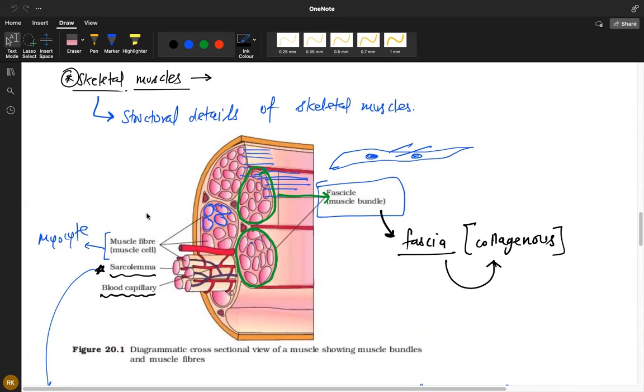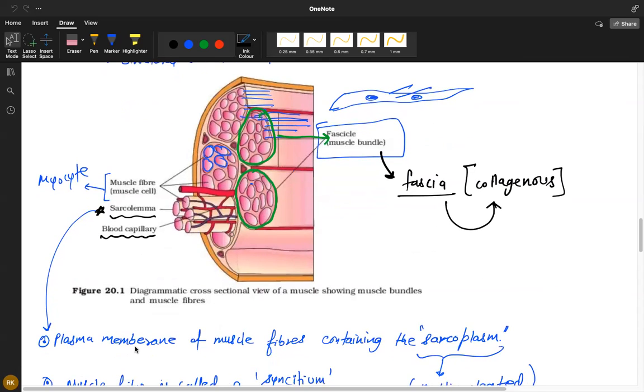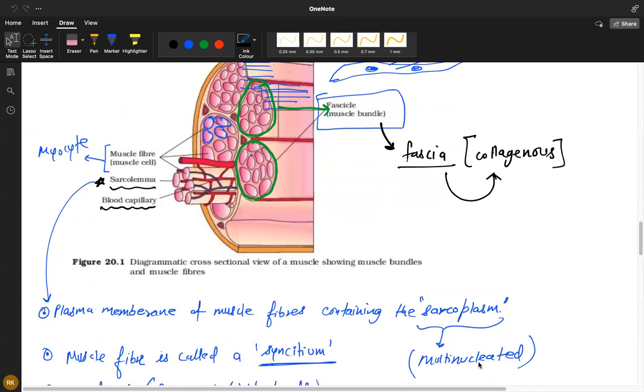Inside the fascicle, you will find individual muscle fibers. Each muscle fiber is like a cell, a myocyte, which is elongated. These fibers are covered with sarcolemma, like a plasma membrane, which contains the sarcoplasm, which is multinucleated.